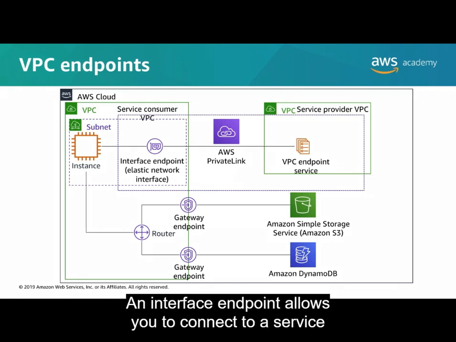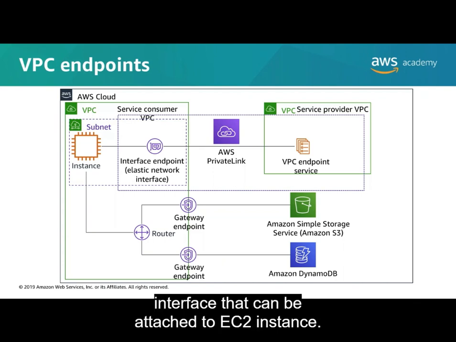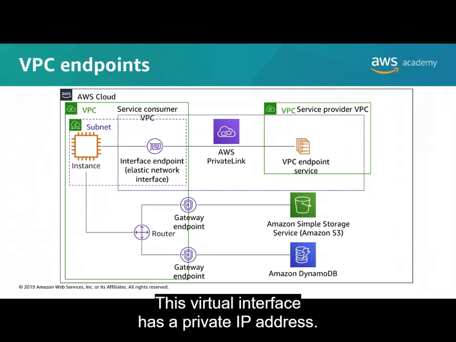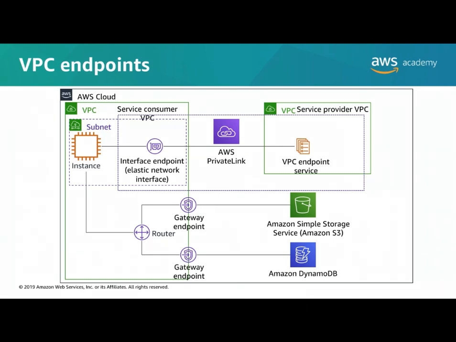An interface endpoint allows you to connect to a service that is exposed through AWS PrivateLink. It is a network interface that can be attached to an EC2 instance. This virtual interface has a private IP address. The IP address serves as an entry point for traffic that is destined to the target service.